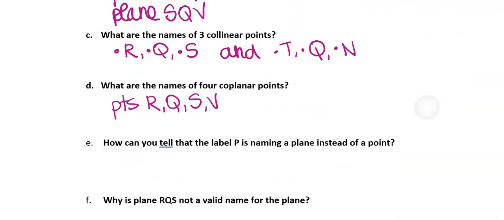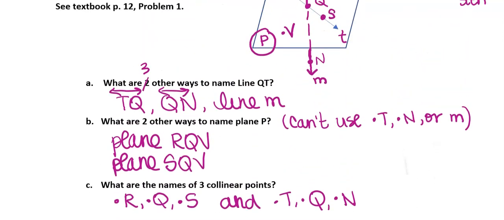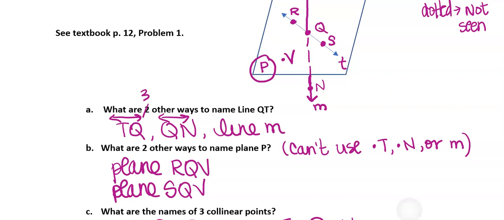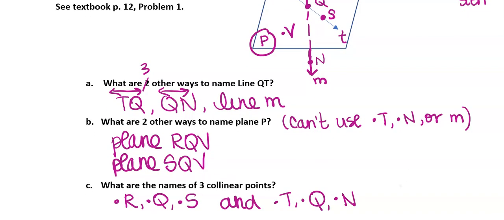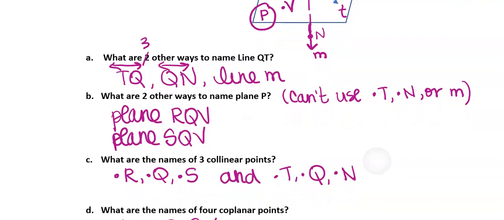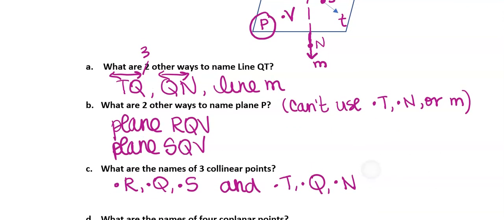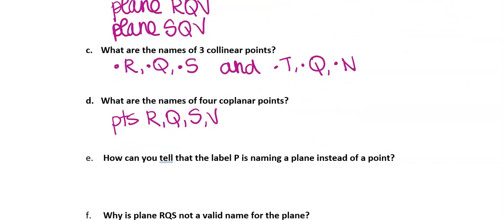How can you tell that the label P is naming a plane instead of a point? I've kind of talked a little bit about that. When you look at the picture, all of the points have that dot ahead of them. If it doesn't have a dot, it either indicates that it's the name of a line or the name of a plane. If it's not next to a line, that means it's in the corner. It's probably a plane.